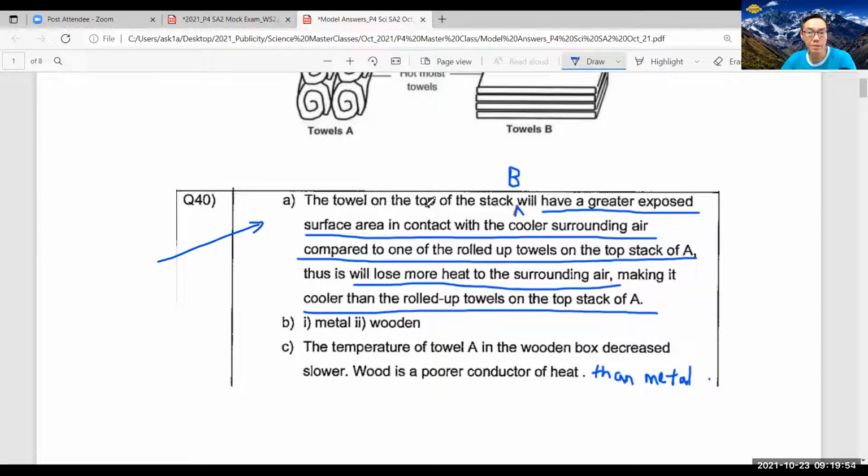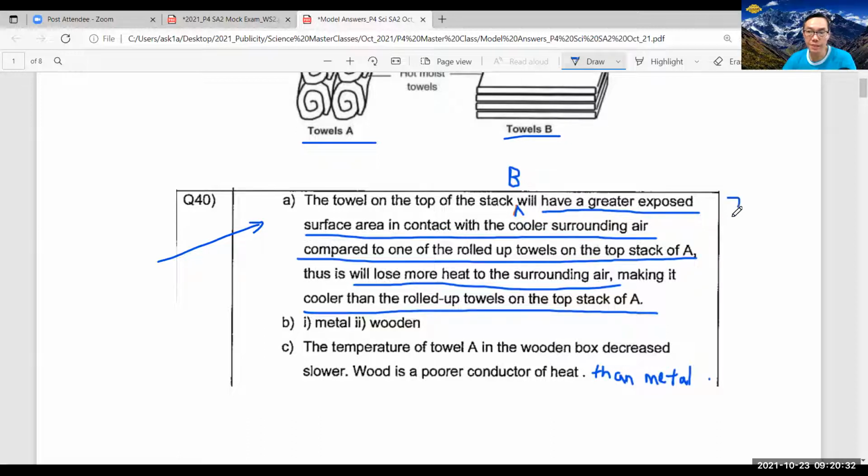The towel on the top of the stack B, which is here, will have a greater exposed surface area in contact with the cooler surrounding air compared to the one of the rolled-up towels on the top stack of A. Thus, it will lose more heat to the surrounding, or lose heat faster, either way is possible, making it cooler than the rolled-up towels on the top stack of A.